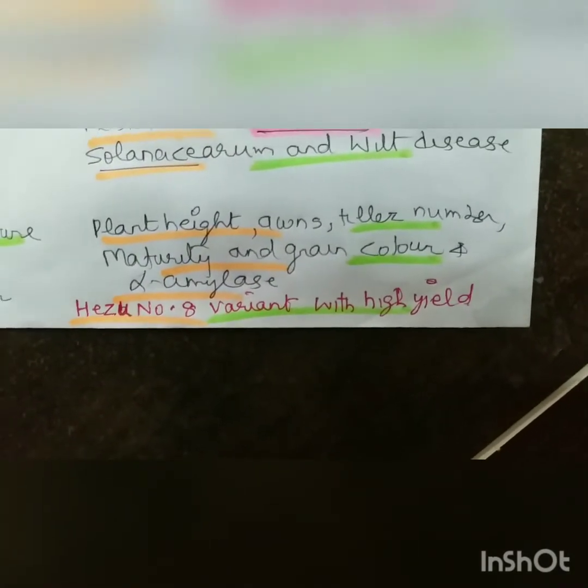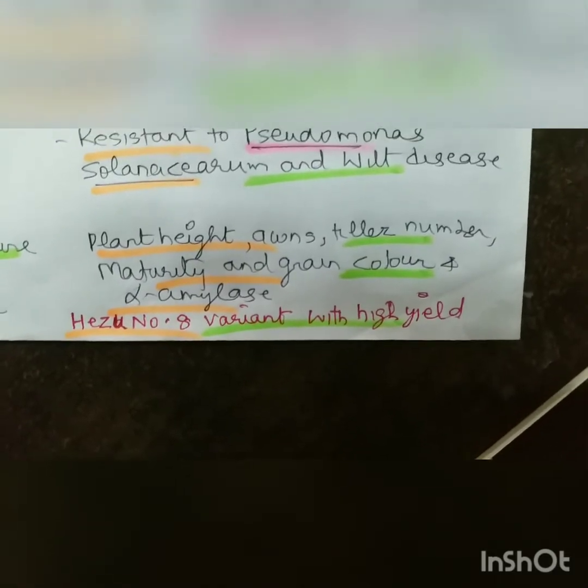Then the next is the main crop, that is wheat, Triticum aestivum, and the explants used are immature embryo and anther. And the somaclones which are raised have changes in plant height and awns. Awns are very important.